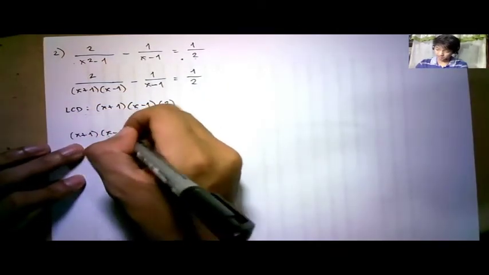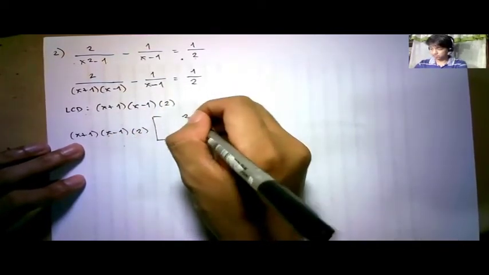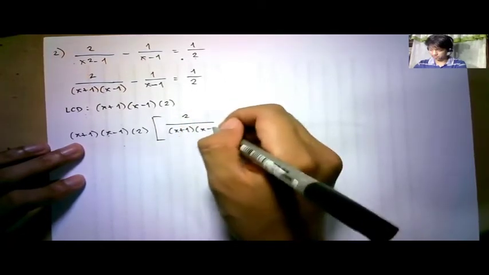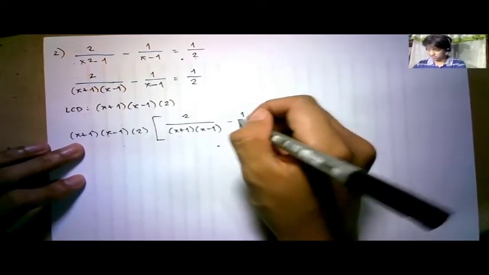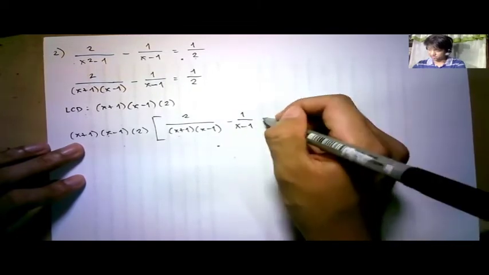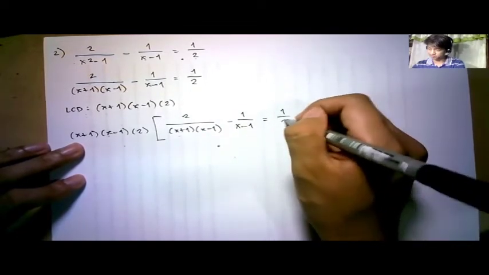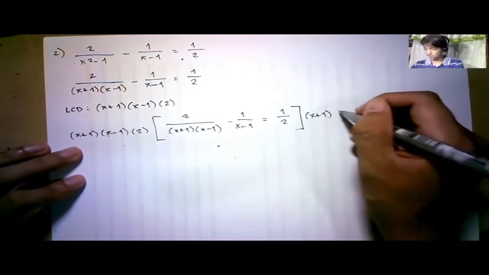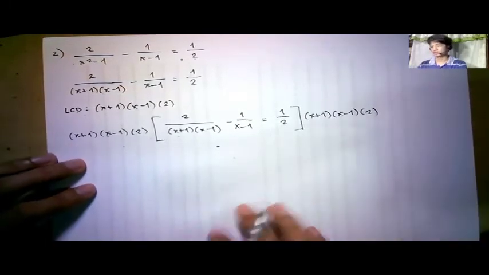So we have x plus 1 times the quantity x minus 1 times 2, then 2 over x plus 1 times the quantity x minus 1, minus 1 over x minus 1, is equal to 1 over 2 times the quantity x plus 1 times x minus 1 times 2.